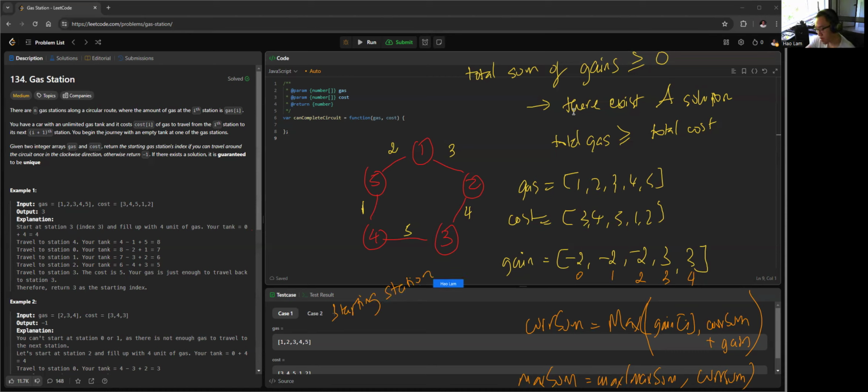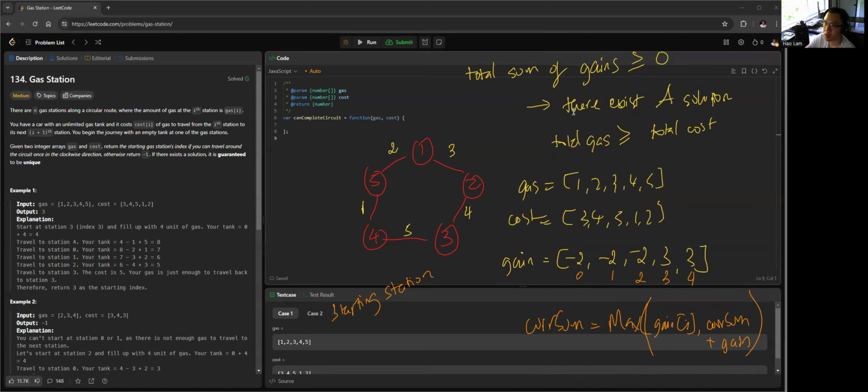But in this case, we actually don't need to keep track of the maximum here, because we know that there only exists one solution. If there's a solution, then it's guaranteed to be one solution. And for the current sum to be valid, it has to be positive, so we can just ignore the negative sum.